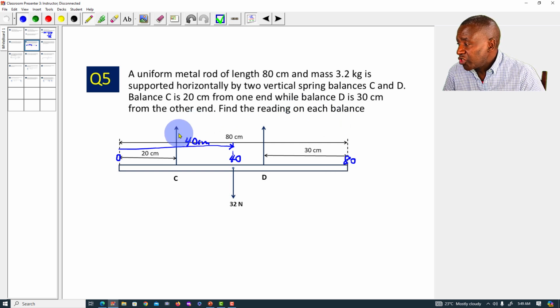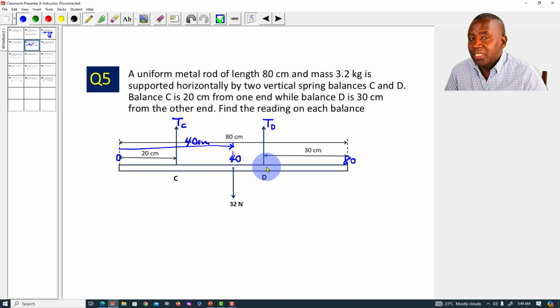There is this tension here. We can call it tension at point C. That is the reading of the spring balance at point C. The tension in this string at point D, the reading of the spring balance at point D, is the second force acting on the rod. And the third one is this one here, the weight of the rod itself.